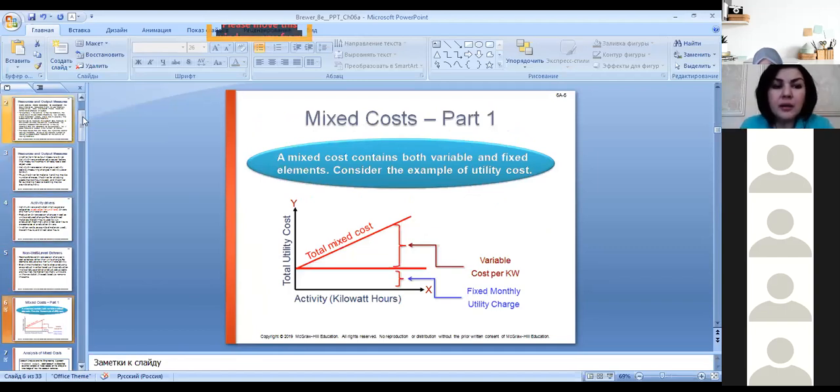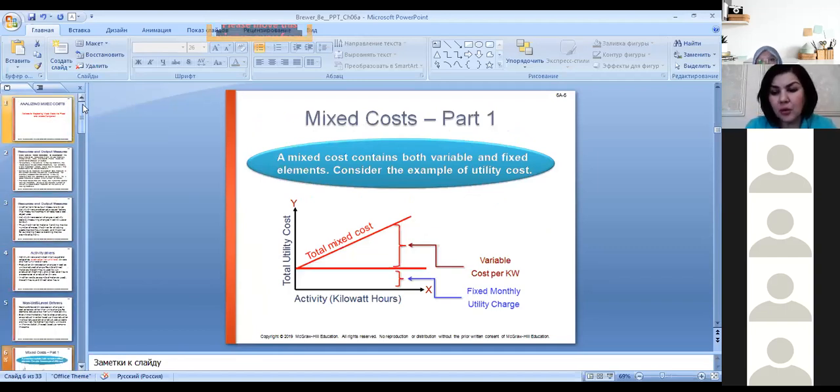Okay, now let's look at mixed costs. As you probably remember from previous chapters, from the previous session, a mixed cost, as the word mix suggests, is a mix of two types of cost. A mixed cost contains both variable and fixed elements.